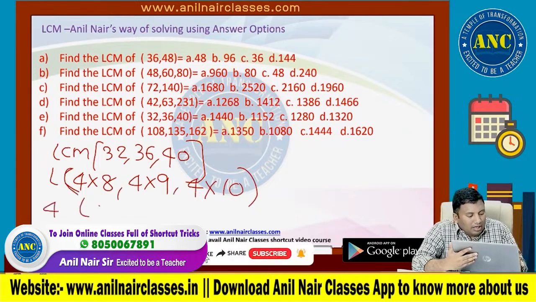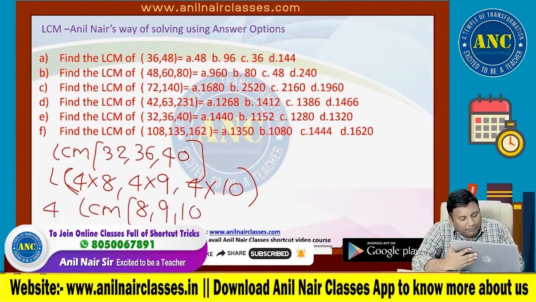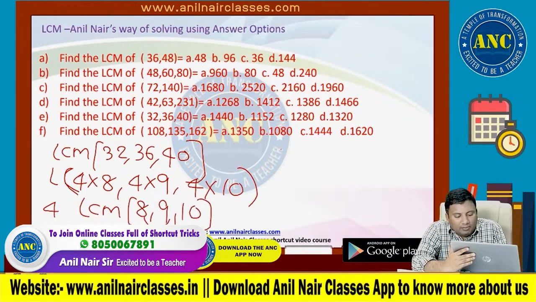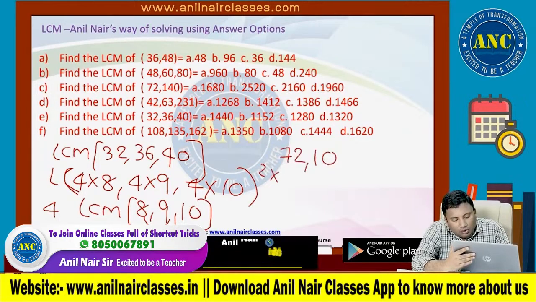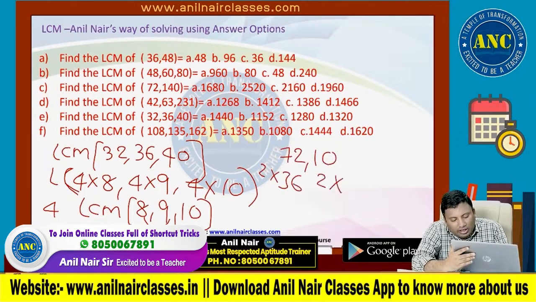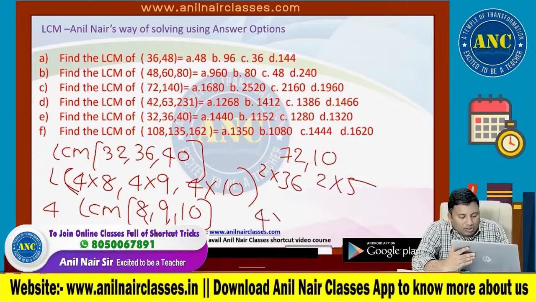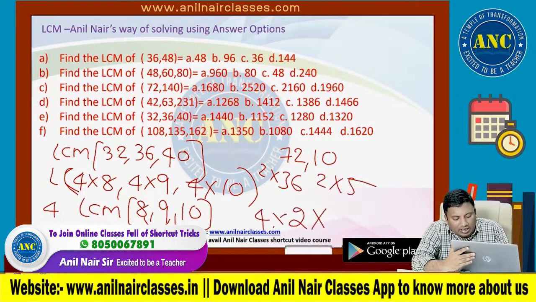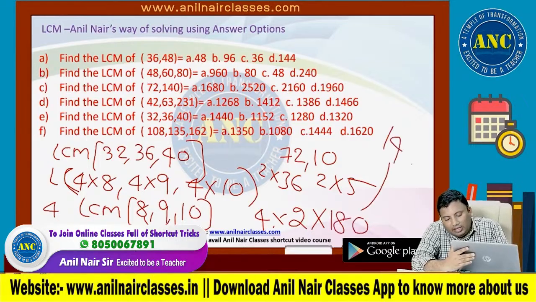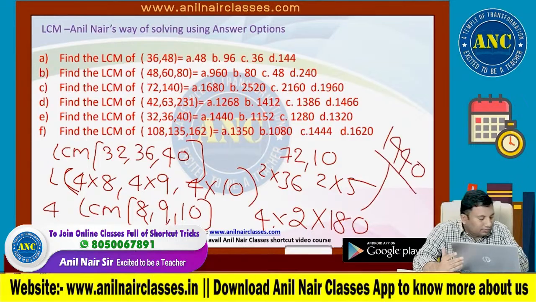LCM of 8, 9 and 10. 8 and 9 LCM is 72. 72 and 10: 2 into 36, 2 into 5. 2 will also go away. 36, 5s are 180. 8 into 180 is 1440.